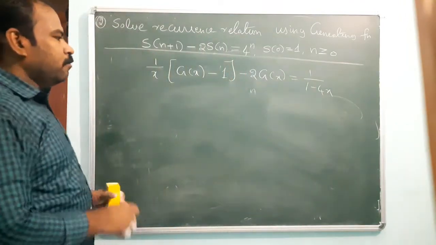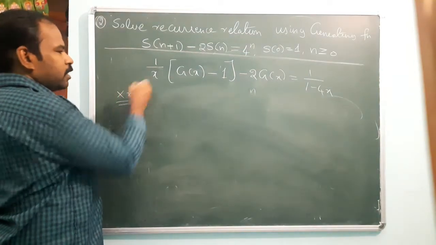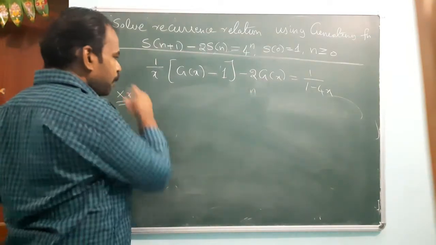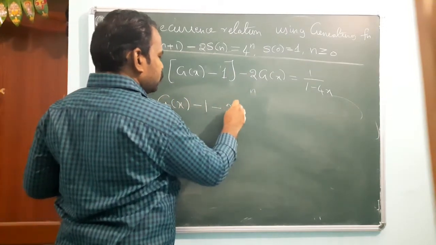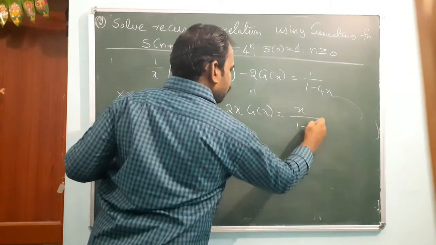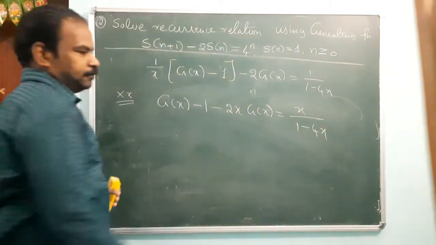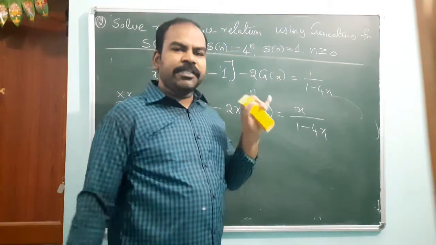Now I multiply x on both sides, because of 1 by x. So we have g of x minus 1 minus 2x g of x, which is equal to x by 1 minus 4x.